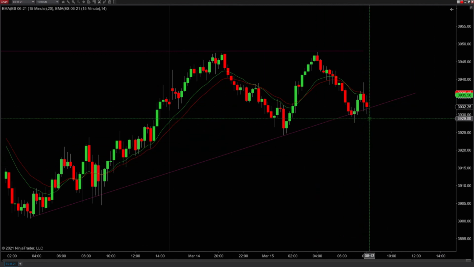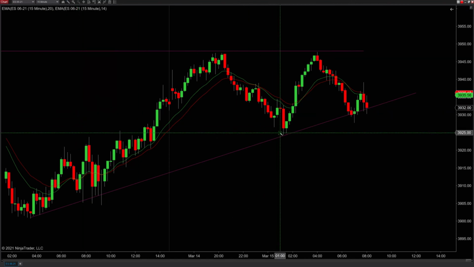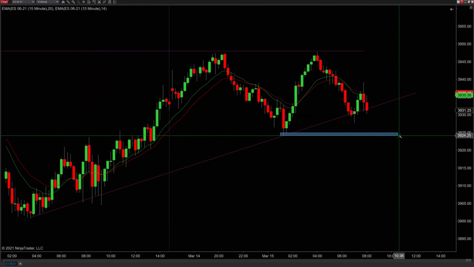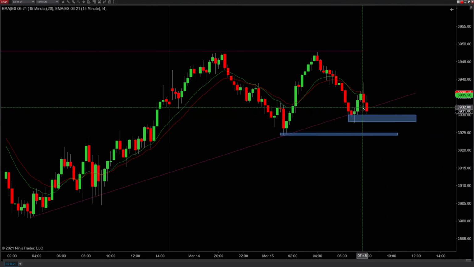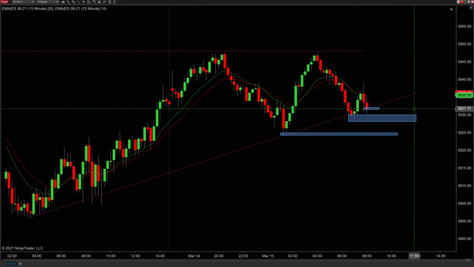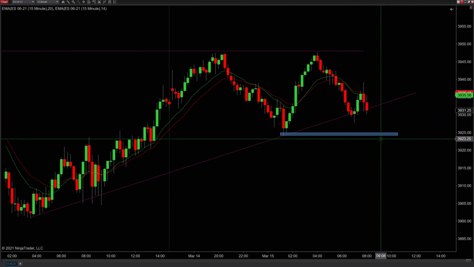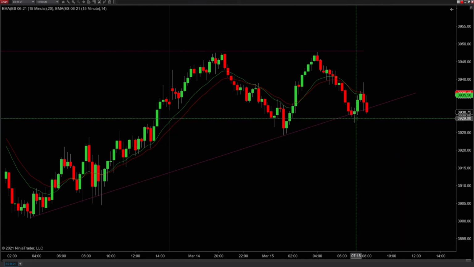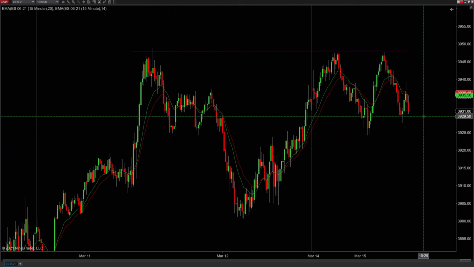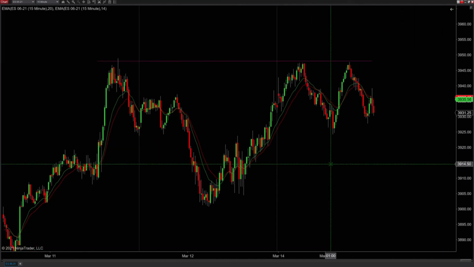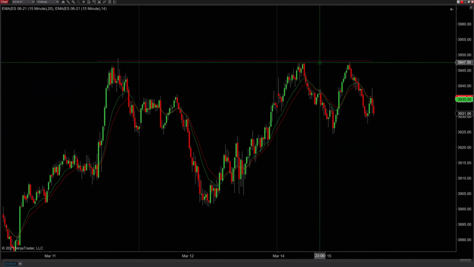So it's too early to enter. Plus, if you're a price action trader, look, you've got potential area of support here, and you've got support here, potential, and you have that trend line right here too. So shorting here would, for me, not be something that I want to do, even though, when I look at this, it looks like, okay, price has come up twice and tried to break through resistance.